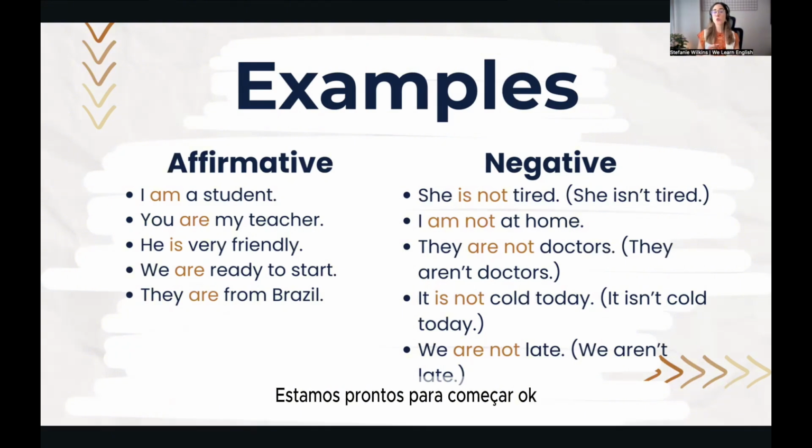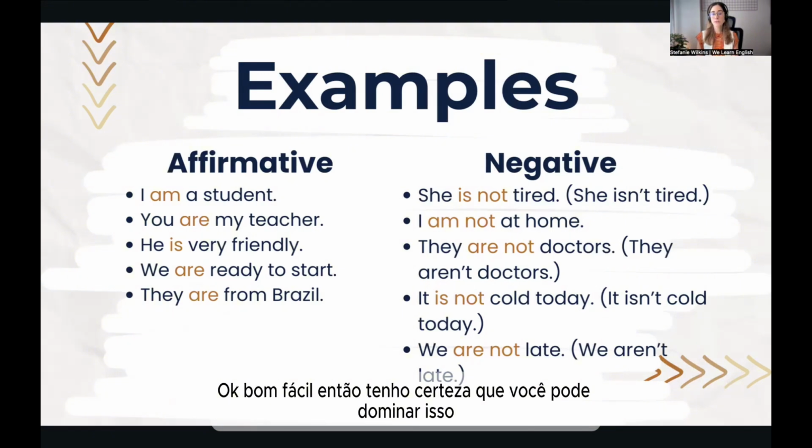We are ready to start, okay? We are or we're. Remember, you can also include the contracted way whenever you want. They are from Brazil or they're from Brazil. Okay? Good? Easy? So, I'm sure you can master this.